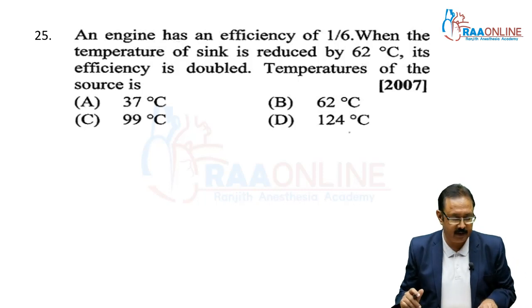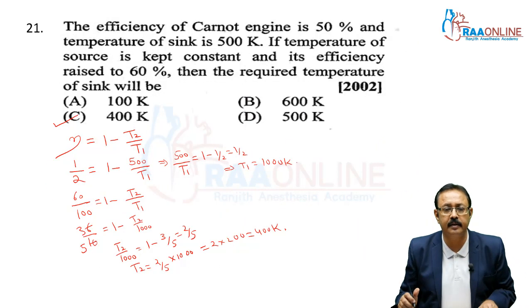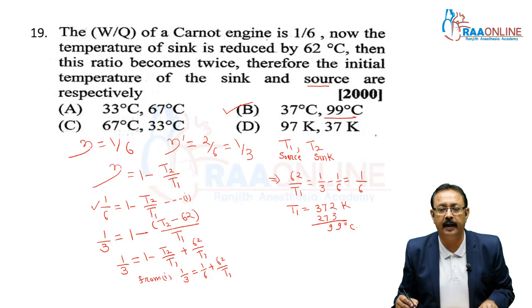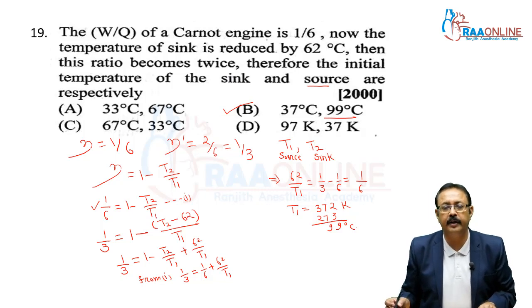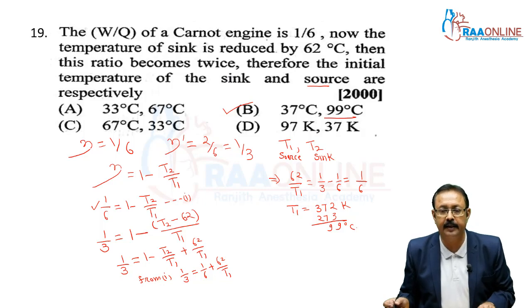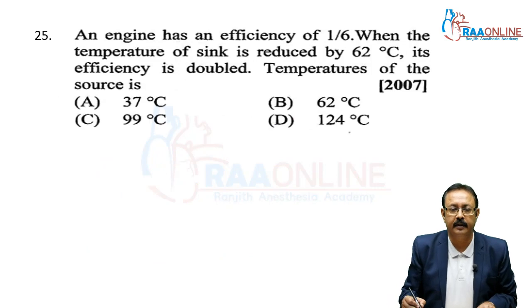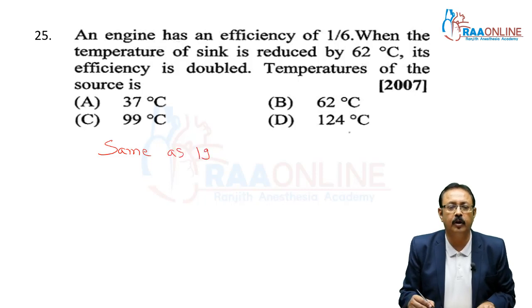See, it was the same as the 19th, and we calculated only the temperature of the source. It was 99 degrees centigrade, the same as 19. So we can go with option C.